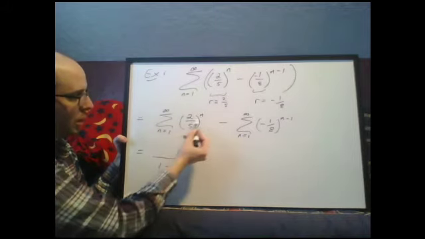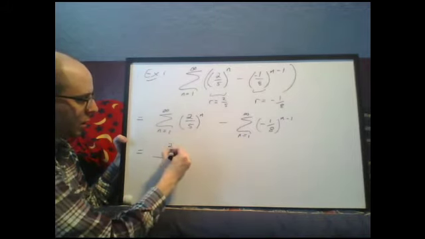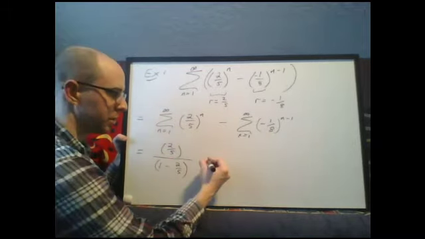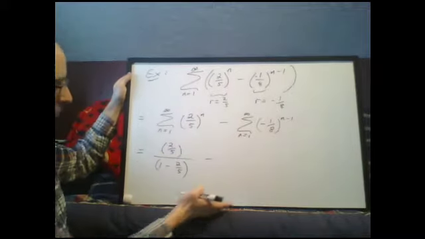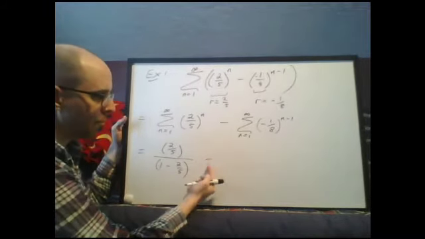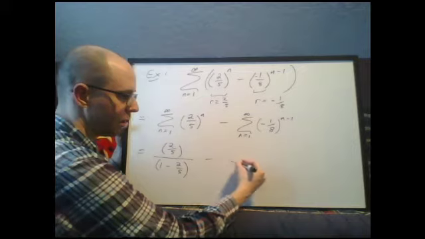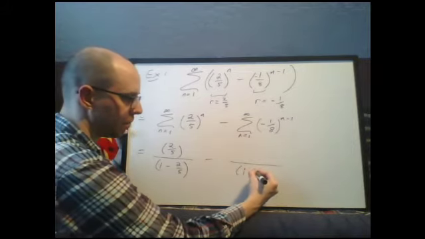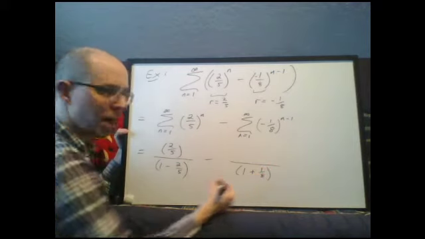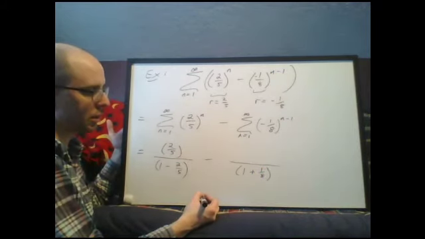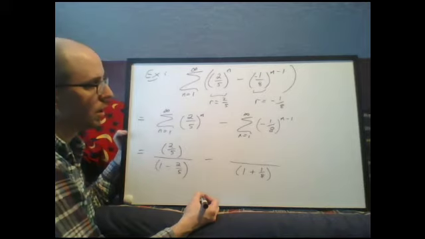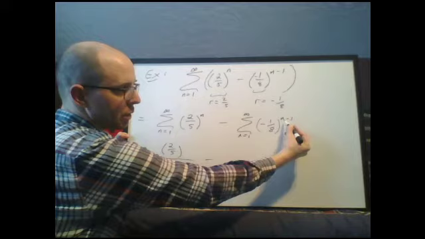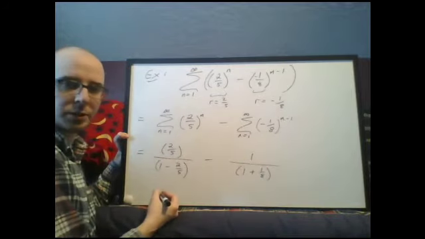When n is 1, I get 2/5. So 2/5 divided by 1 minus 2/5. Then I have minus the answer from this one. Here r is negative 1/8, so on the bottom I'd have 1 plus 1/8, and my initial term, if I plug in 1, gives a 0 exponent, so 1 for my first term.